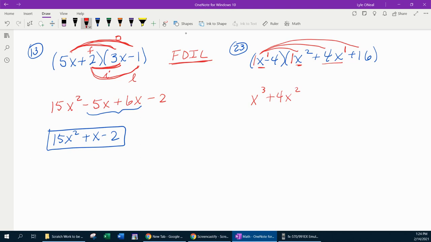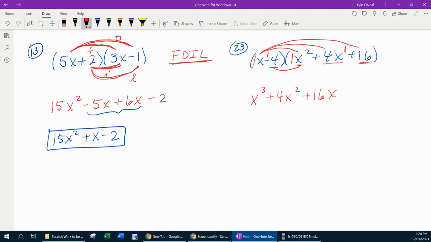Next, we're going to multiply the x times the 16. 16 times x is just 16x. And now that we've used up the x, it's time to distribute the negative 4. So negative 4 times x squared is going to give us negative 4x squared.